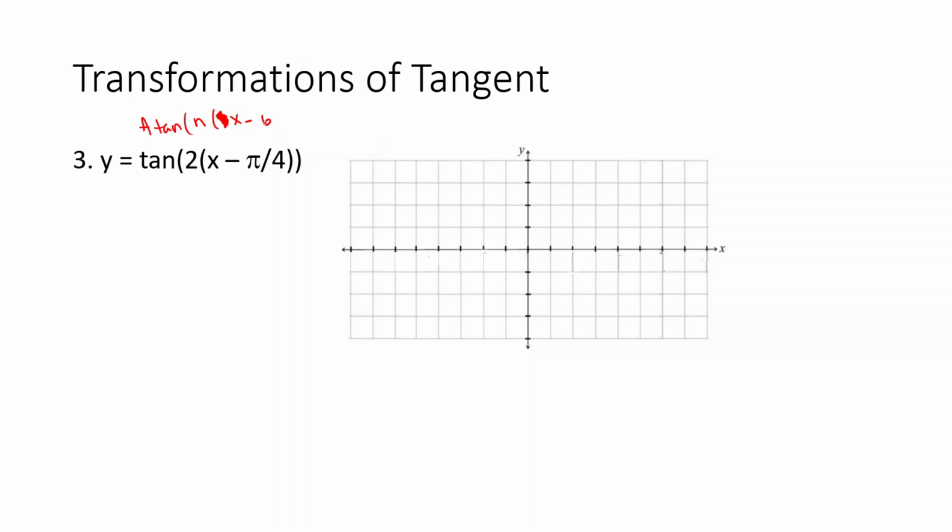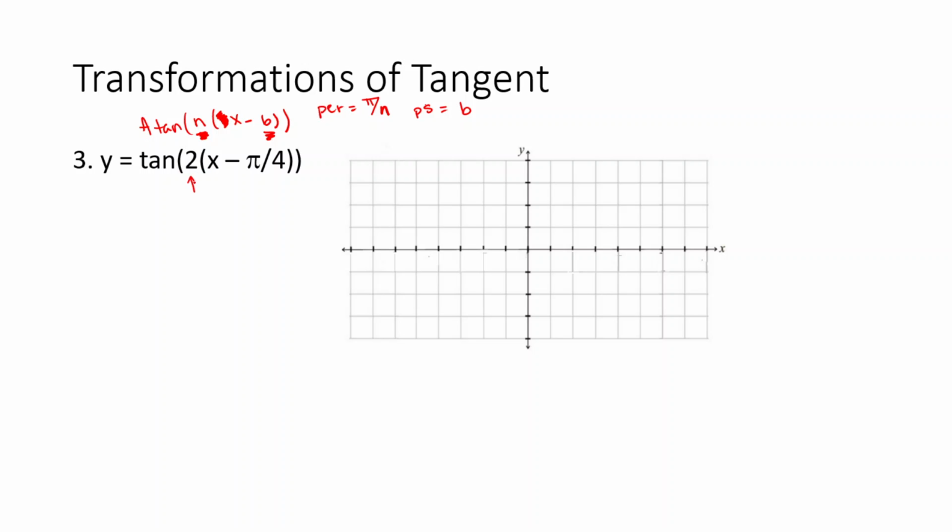Let's get this written right. Okay, and the period is found by dividing the original period by that n value. The phase shift is going to be our B value here. Okay, and the A in a tangent just tells us how steep we're going.